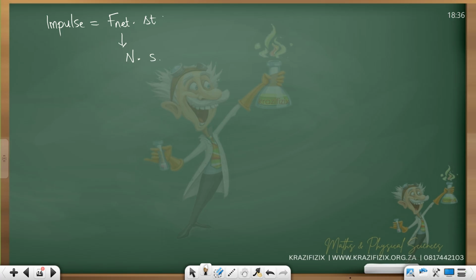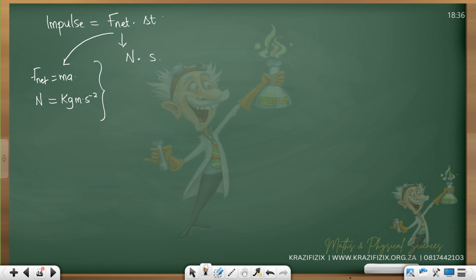But do you remember that this same F net is MA? So the Newton is kilogram, that's my mass. What is my acceleration? Meters per second squared. I hope you remember this.